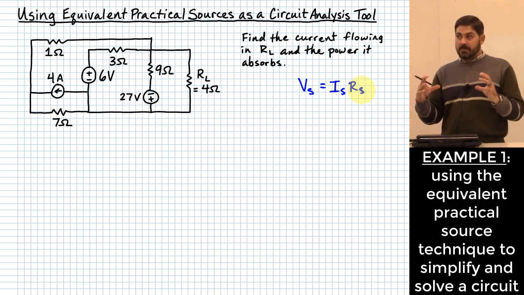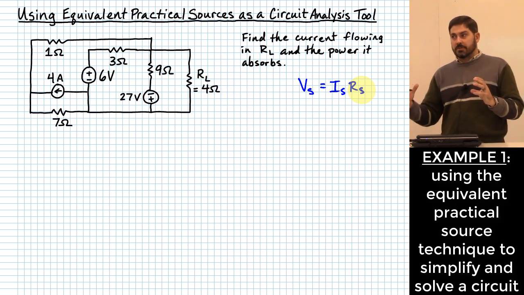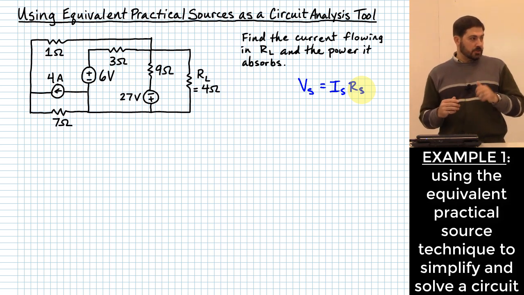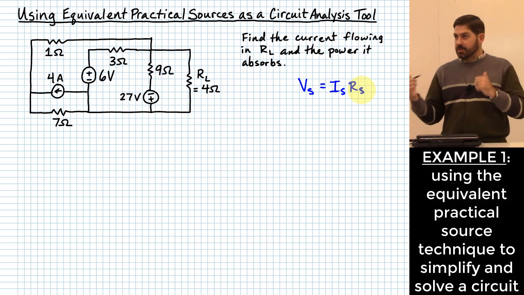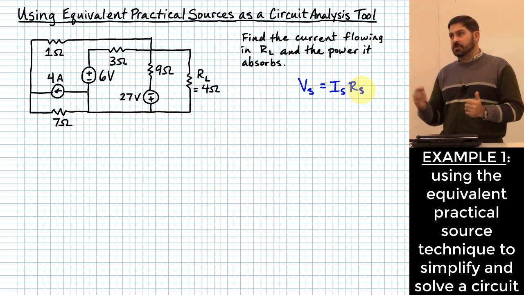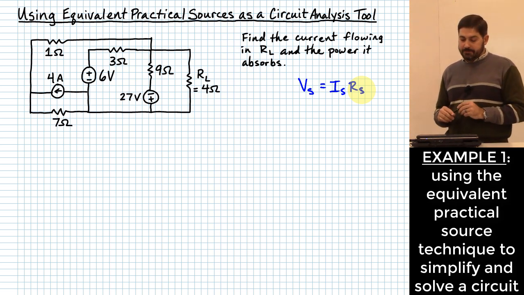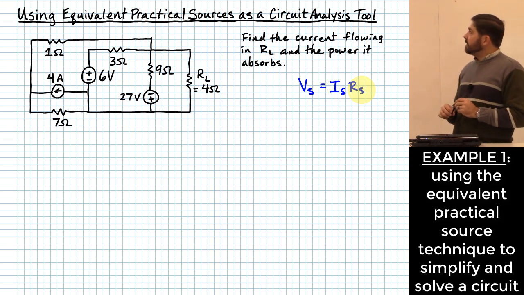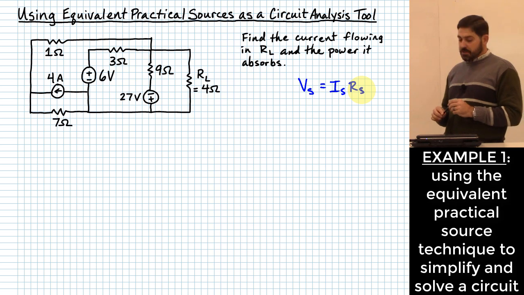That would be a practical current source. And you can convert anytime you see a practical current source to a practical voltage source, or vice versa. Anytime you see a practical voltage source, you can convert it to a practical current source. Okay? So why don't we start and just do one and see if it changes our outlook on this circuit.